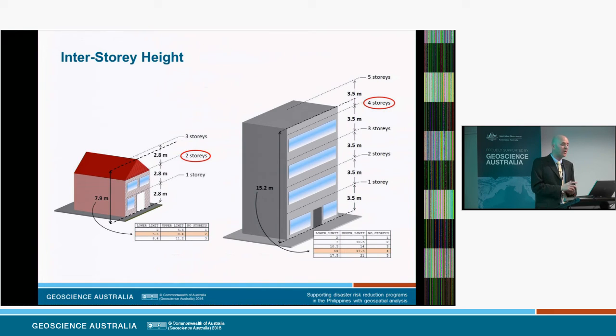So this is where we had a light bulb moment. We'd already mapped the land use. We'd already been able to calculate the height of the tops of the buildings. We could obtain some data on the inter-storey heights for different buildings and the different land uses that we had, and then determine how that height of the top of the roof sits within the inter-storey height ranges for that particular land use.